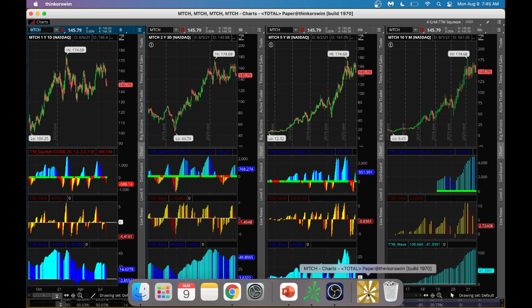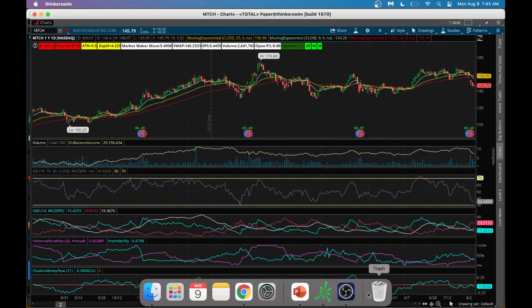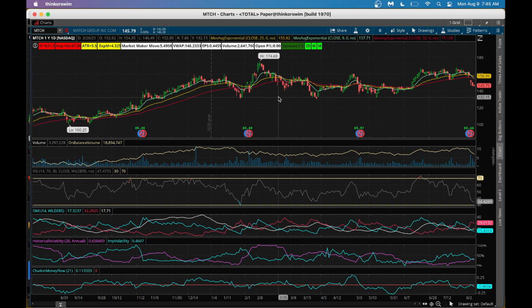Let's also look at one more chart here. As you look at this chart, nice looking chart. The stock has been stuck in a trading range for a while, and right now it's at a lower point. And smart money on the balance volume is kind of dropping down, which is very much expected. When the stock falls off like this, the balance volume dips like this, and RSI is also low, and DMI right now is bearish. As you can see, your red line is up, blue line is lower.